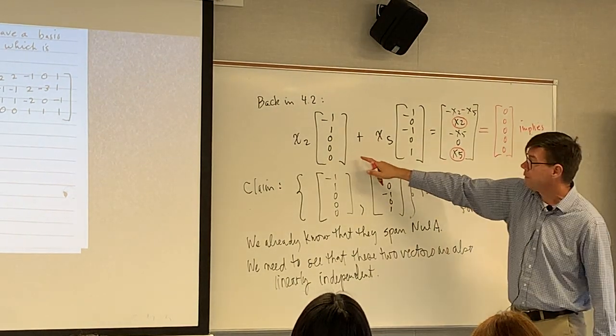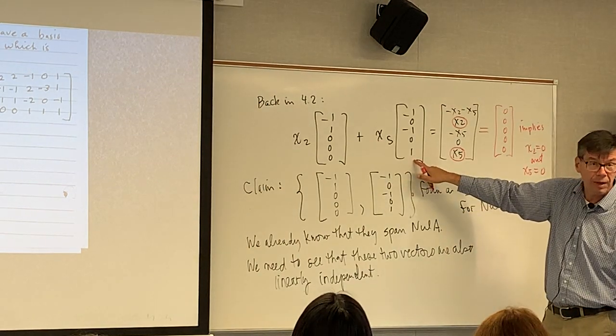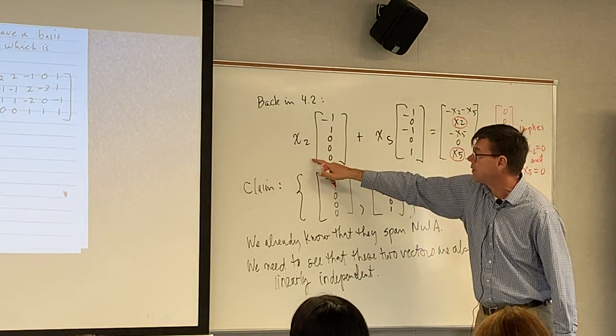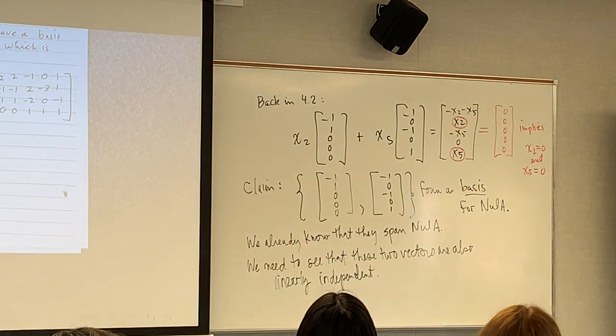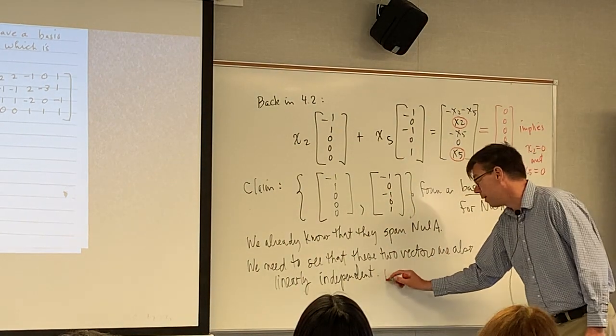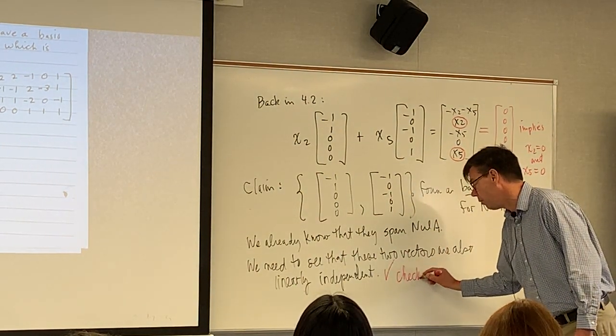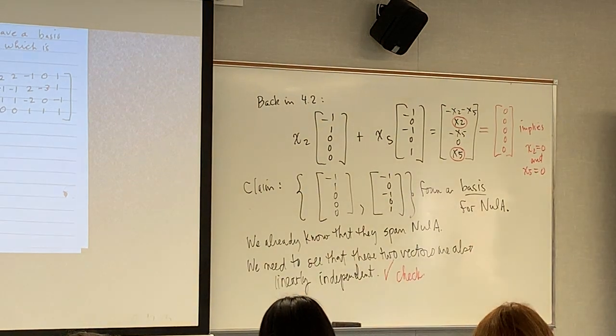So the only way for a linear combination of these two to add up to 0 is for both x2 and x5 to be 0. That's exactly what it means for those two vectors to be linearly independent. So I'm just going to say check without writing out a long explanation.